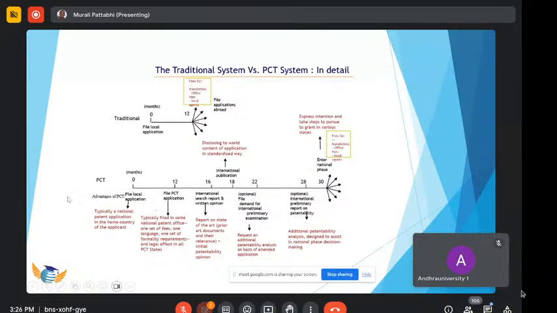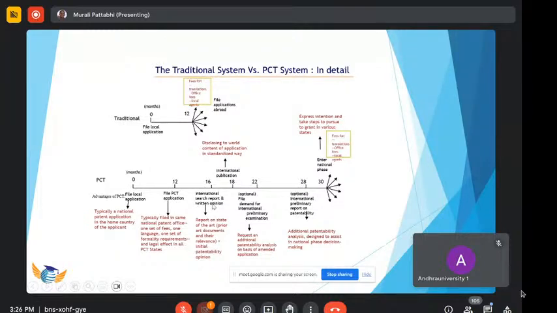Once you file your application in the national phase, either in India or in any other country, within 12 months from there you have to file the PCT application. This is what is shown here. From there, they will issue a search report within 16 months. The fees we pay for a PCT application include this search report fee.